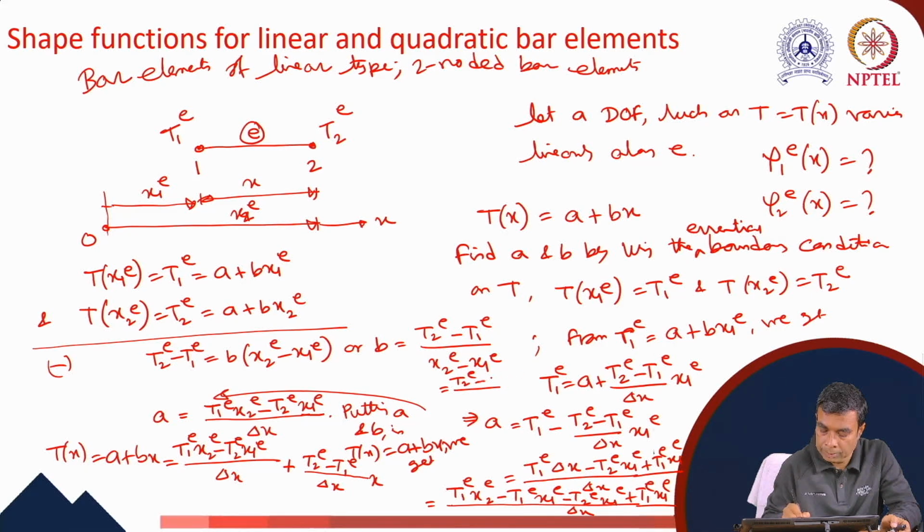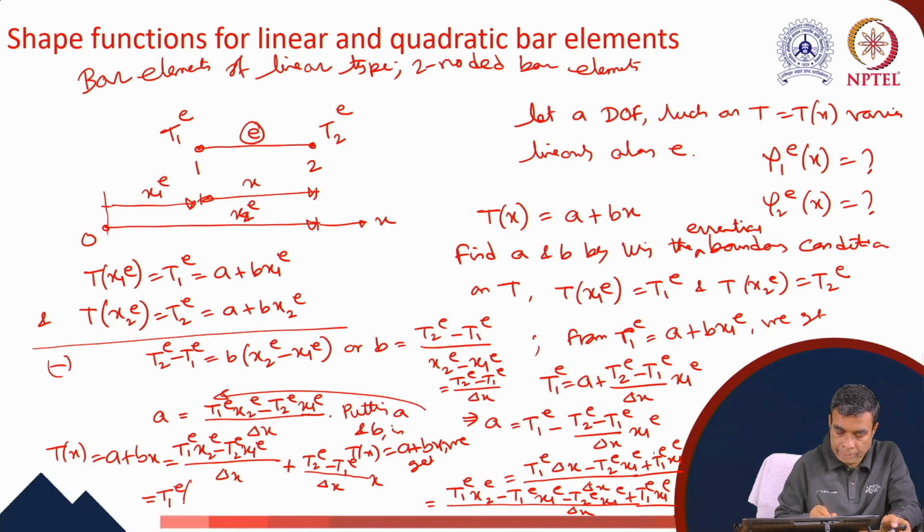So this is actually T2e minus T1e by delta x. So from here we get T1e into x2e minus x by delta x plus T2e into x minus x1e by delta x.